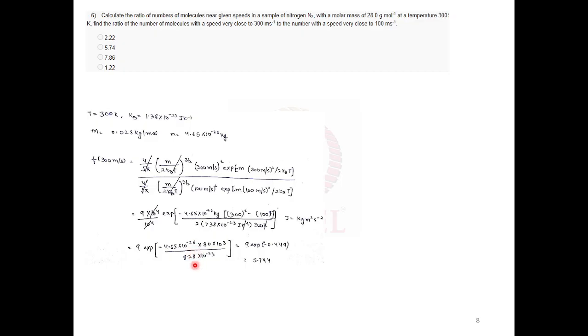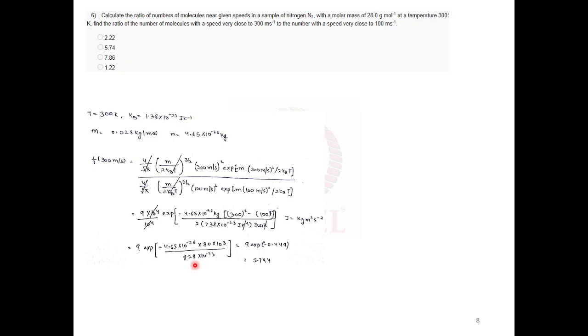So if you do this, let me calculate with you as well. 80 into 4.65 divided by 828, right? So 0.4493, right? 0.449.